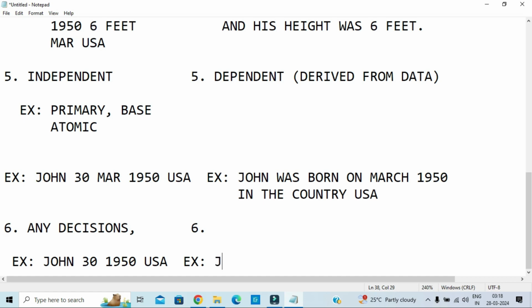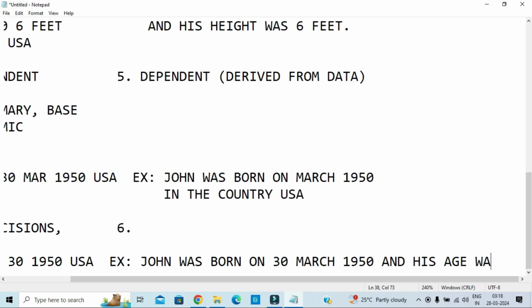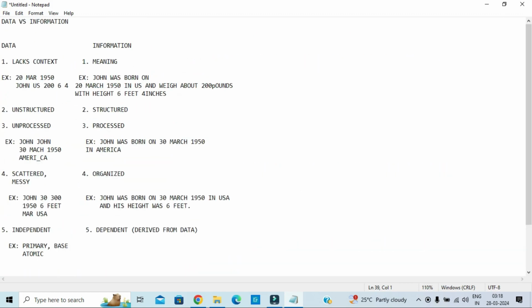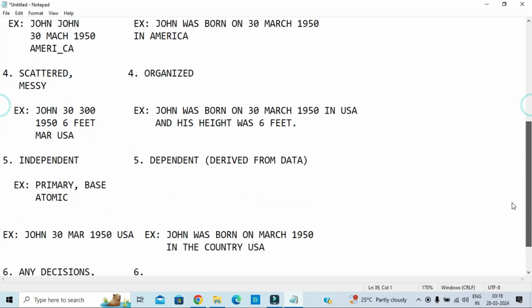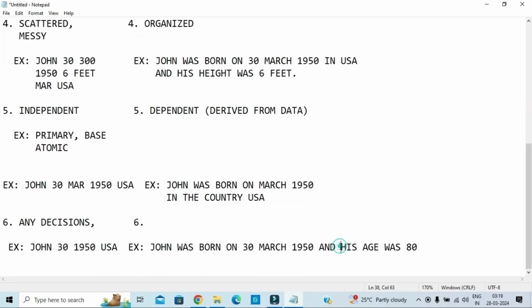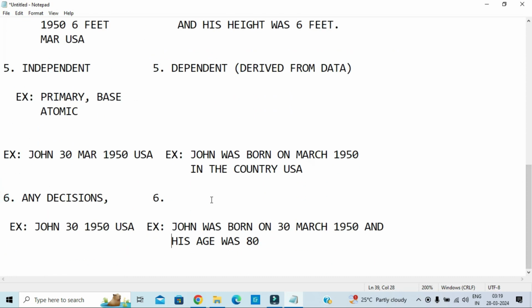John was born on 30 March 1950 and his age was nearly 80 years old. So he is eligible for the vote.